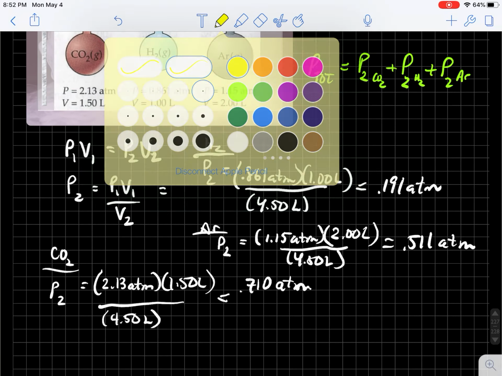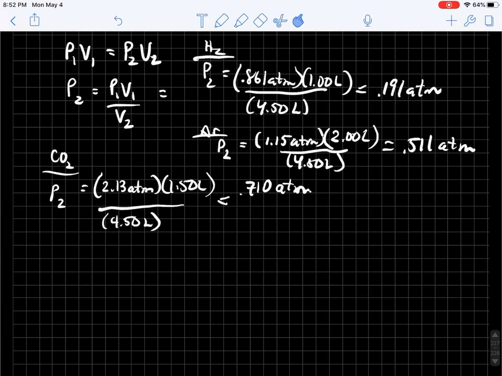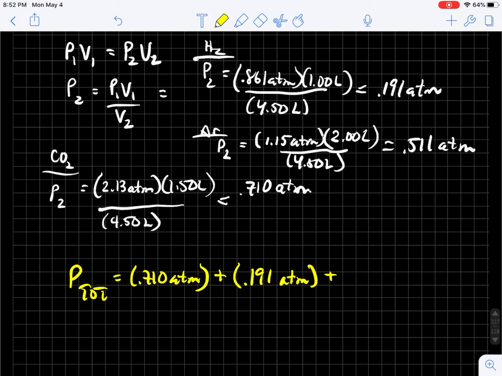Okay, so now we can finally add them together. So our total pressure is carbon dioxide plus hydrogen plus argon.